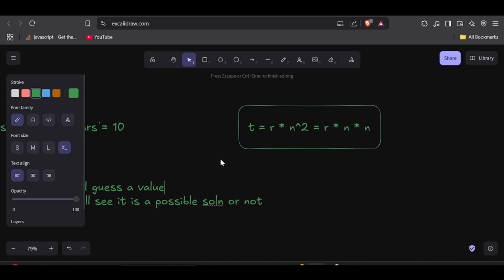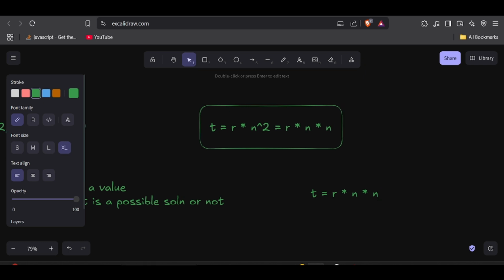Let's come to this formula again. It says time taken is equal to R into N into N. If I want to see in a particular time how many cars are repaired by a mechanic.